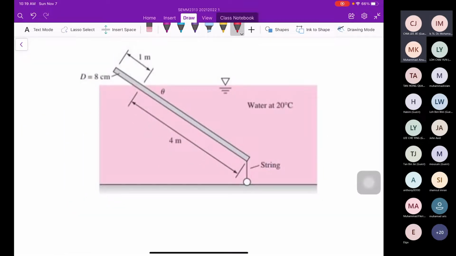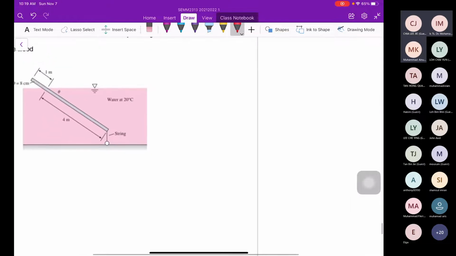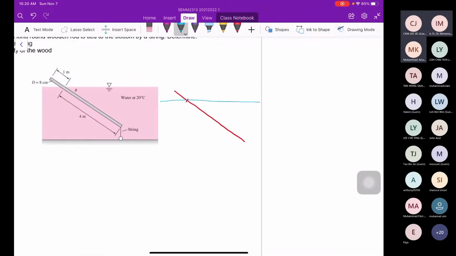So when we look at here, first we must draw the free body diagram to represent all the force components. So I draw here. And only this portion is 1 meter. What do you think the force involved? Definitely we have the buoyancy force.